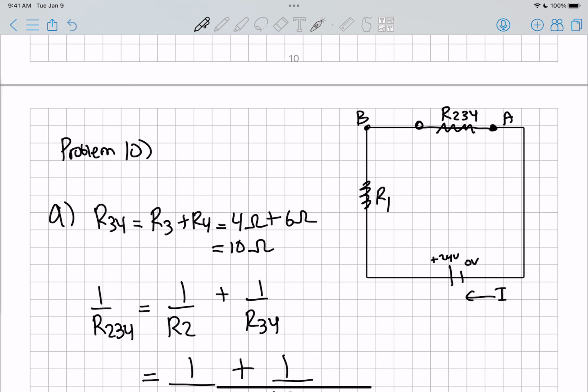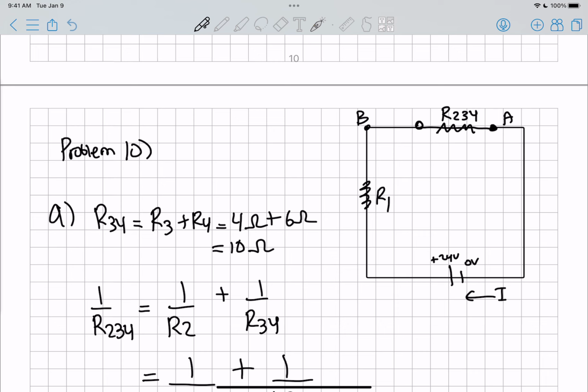When we initially simplified down R3 and R4, R34 would have the same voltage as R2, because they have the same common input point connection and output point connection. So R2 and R34 would have the same voltage.